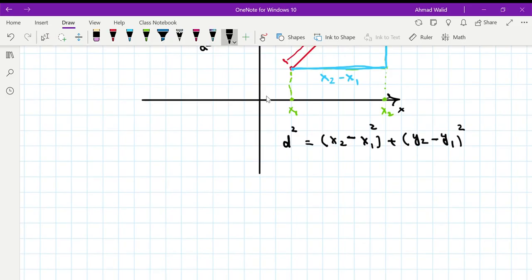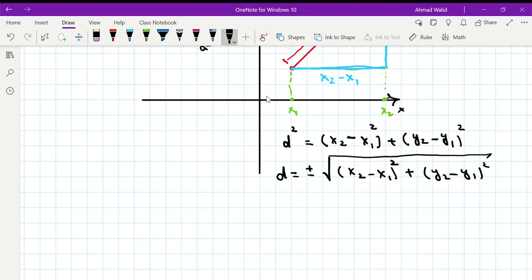If you take the square root from both sides, then D equals plus or minus the square root of (x2 minus x1) squared plus (y2 minus y1) squared, correct? Now, in your book, they don't show this negative sign. The reason is distance cannot be negative. That's why we just choose the positive value of D, which is a distance.